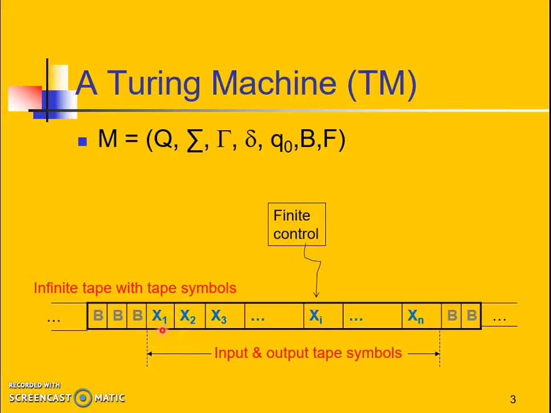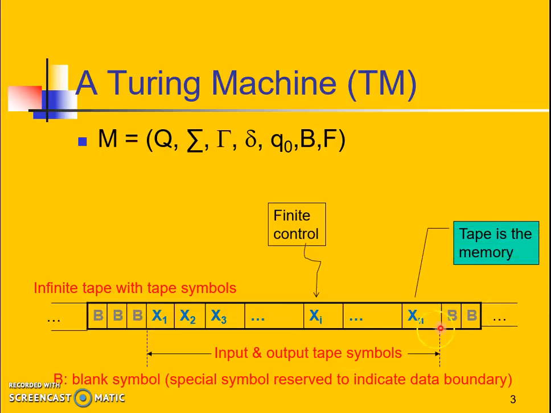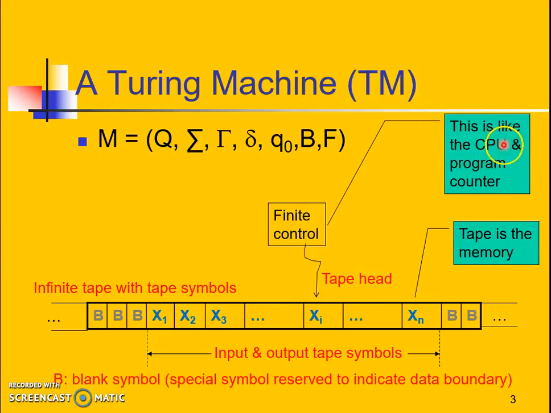The tape is extended infinitely, and other than input symbols, all the tape symbols are blank symbols, where B is the blank symbol. Tape is a memory. It has a tape head. Finite control is just like our CPU.